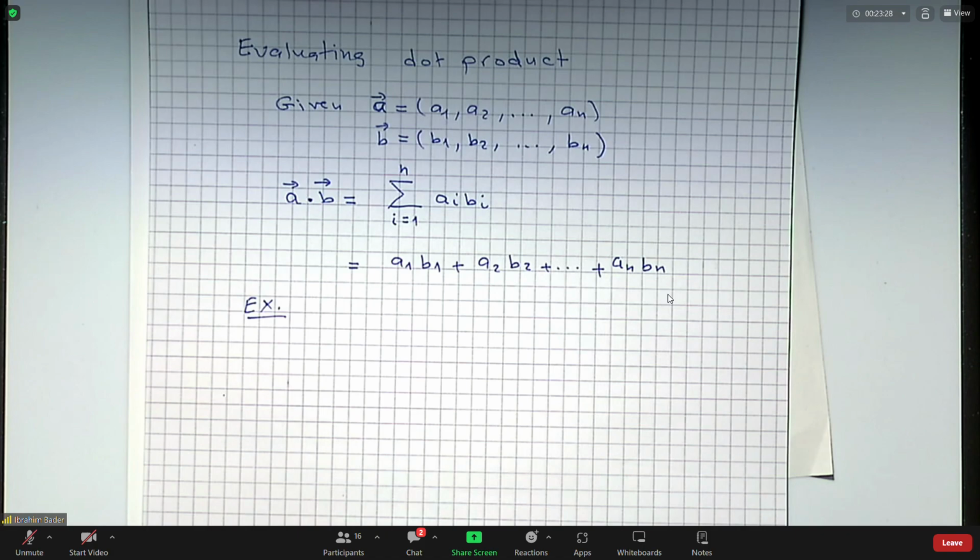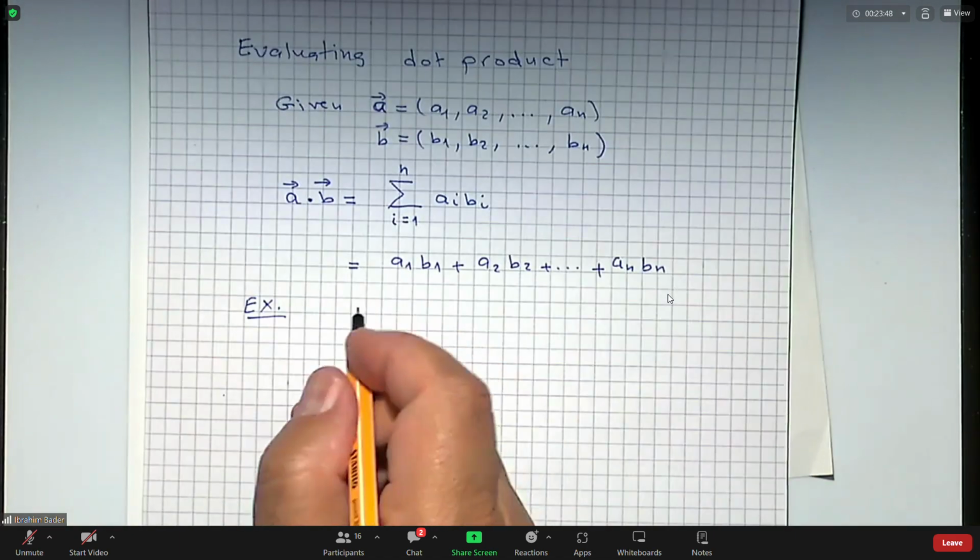Let me just see if I have it here somewhere. Okay, this is a good exercise now since we have the whole theory. Let me check. Okay, so here we have the question. So let's take it as an example.